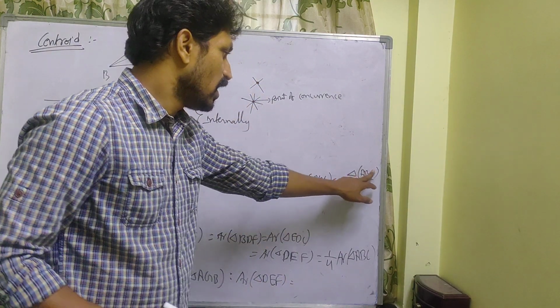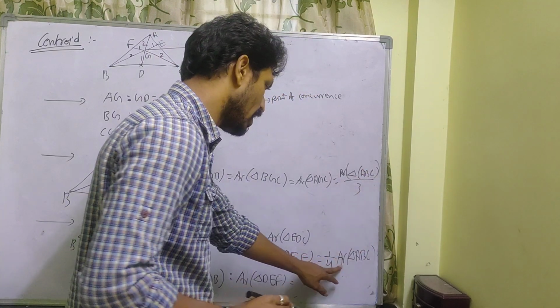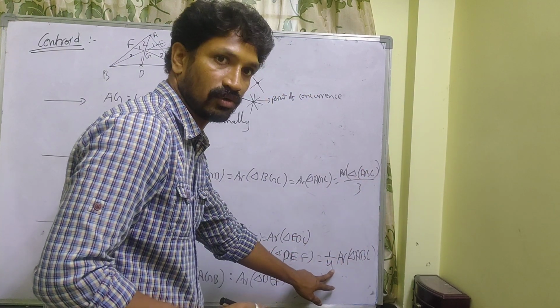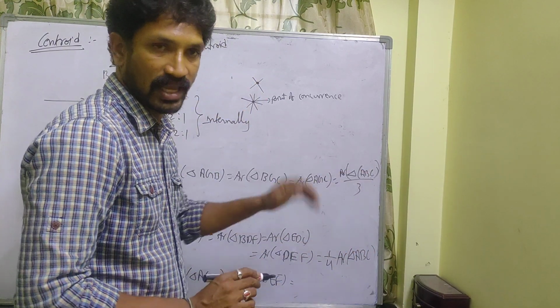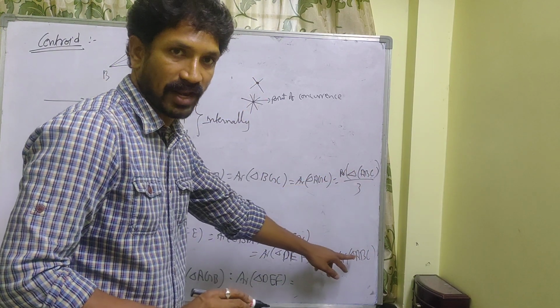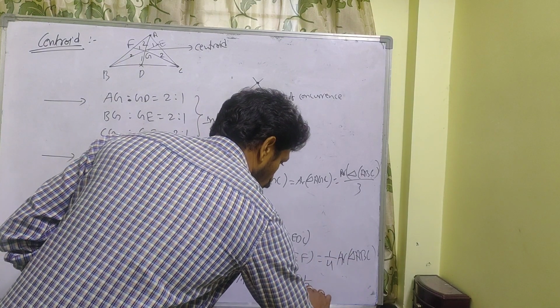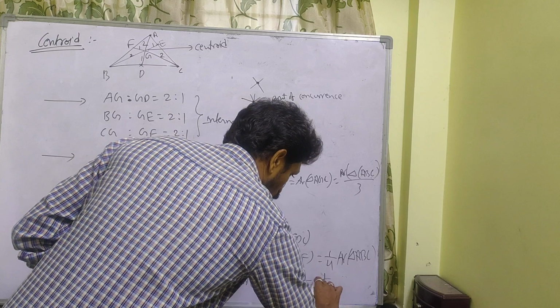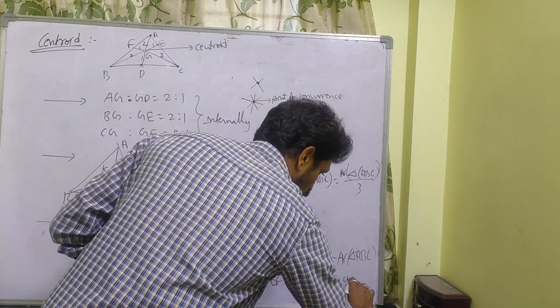This is area of triangle ABC by 3, and this is area of triangle ABC by 4. In the ratio, the same factors, area of triangle ABC, cancel. Then you get 1/3 is to 1/4, which you can rewrite as 4:3.